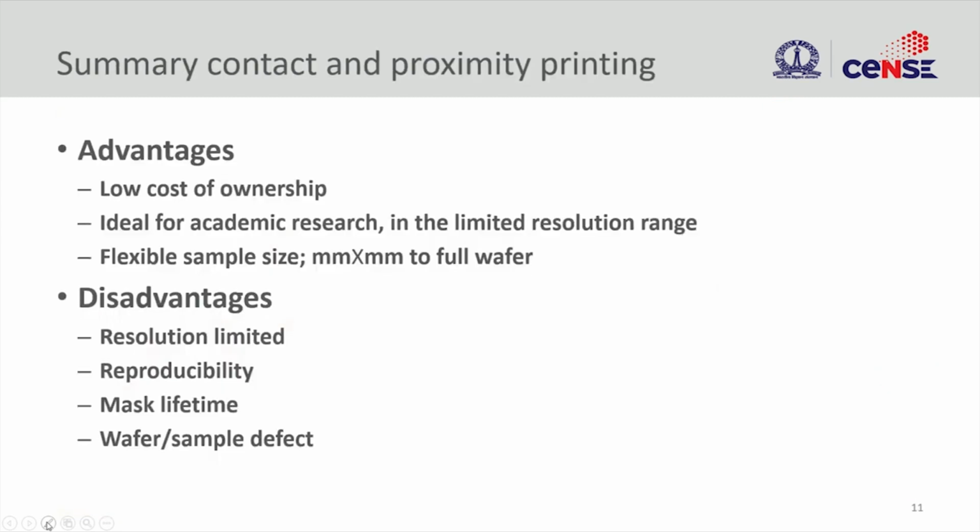To summarize contact lithography and proximity printing, the major advantage of this system is that these systems are very simple to use. The cost of ownership, the amount of money that one needs to spend in maintaining these systems, is very low, and that is why we use it quite a lot in R&D and research work.